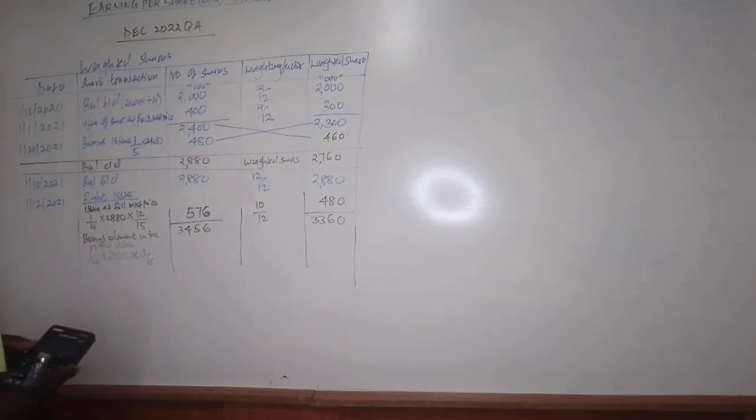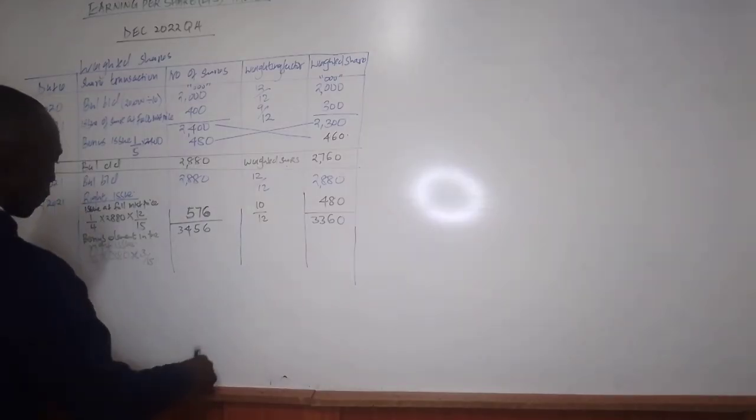So it is 1 out of 4, then we multiply by 2880, then we multiply by 3 out of 15.